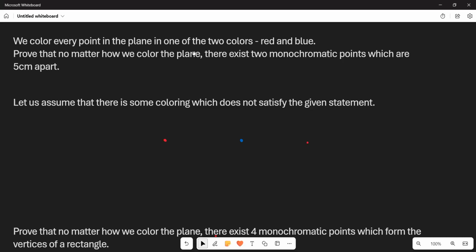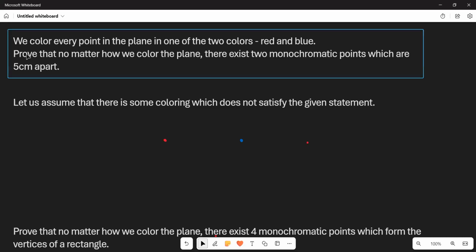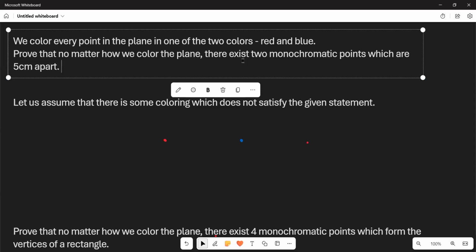Ma'am, is it compulsory to use only one color or both of the colors? No, but what do we have to prove? We have to prove that no matter how we color, for all possible colorings, this is going to hold. Do you understand the power of the statement?